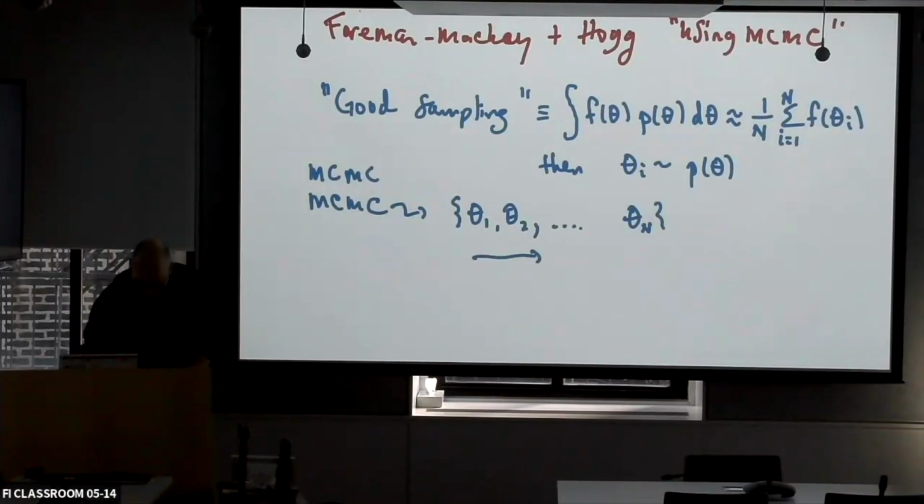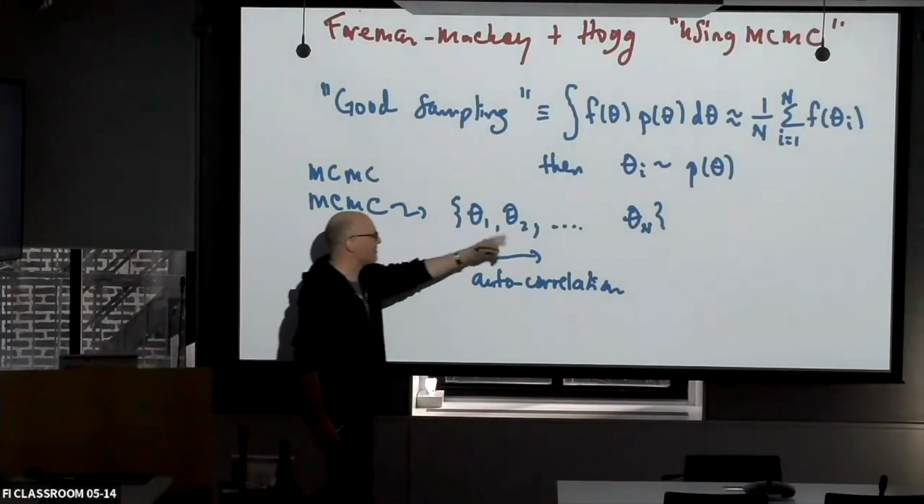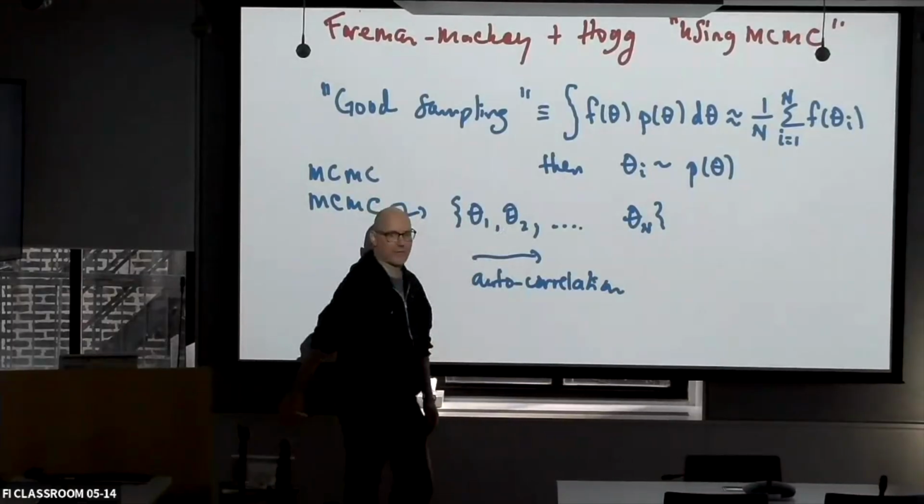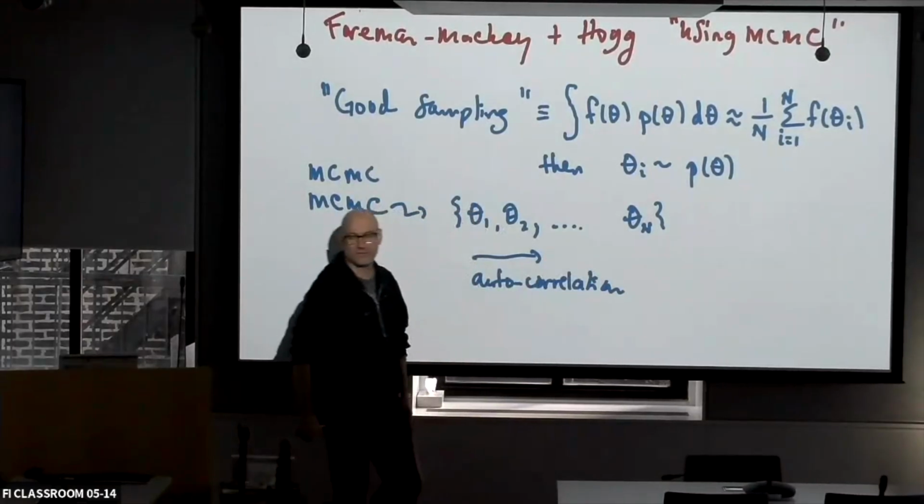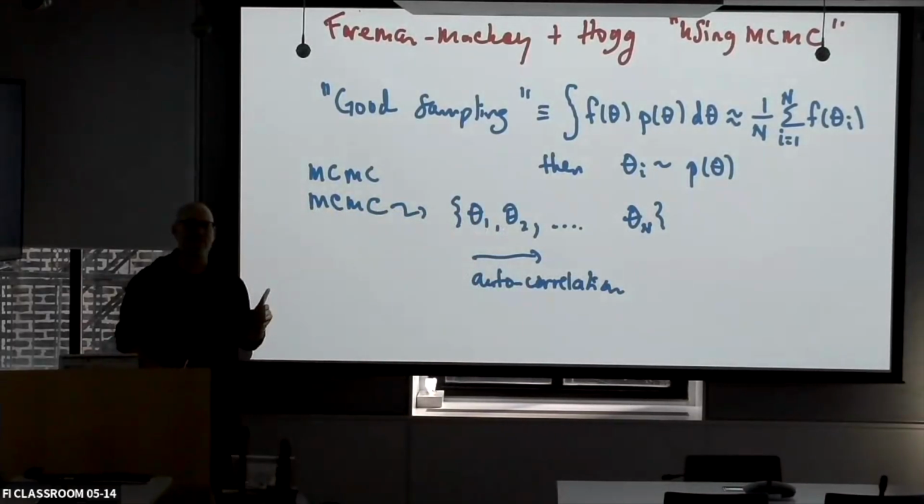And there is some autocorrelation, meaning these samples are not independent. At least the way to think about it is there's a sequence of samples and nearby samples are going to be more correlated than faraway samples. Actually, they have to be. It's not just that they're going to be, they have to be.